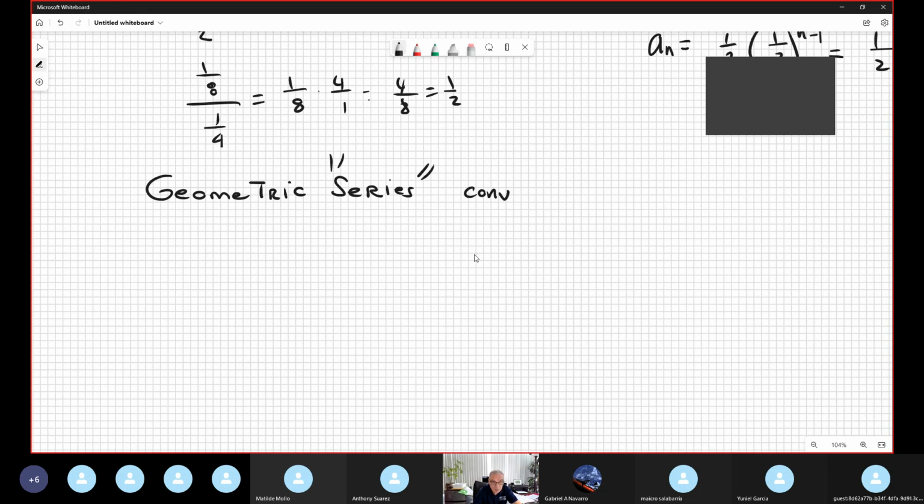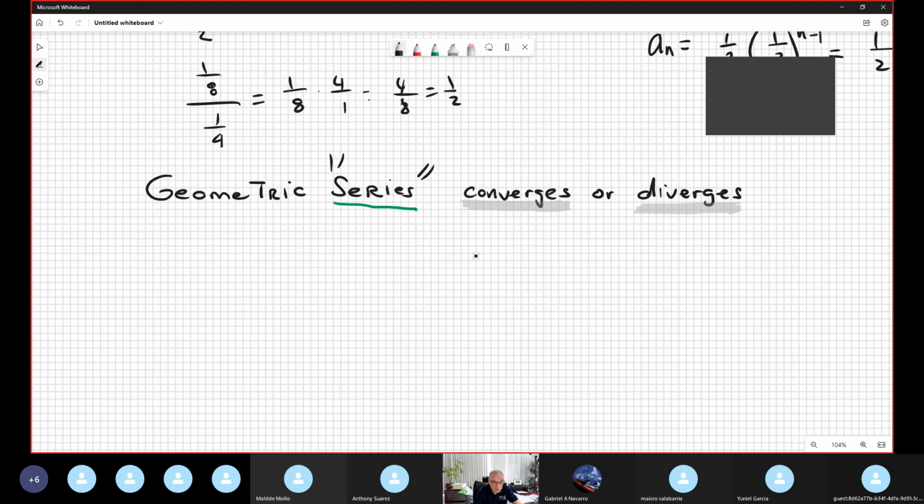Convergent or divergent is another terminology using this idea. I need to determine if the series converges or diverges. What are series? A series is an infinite summation.